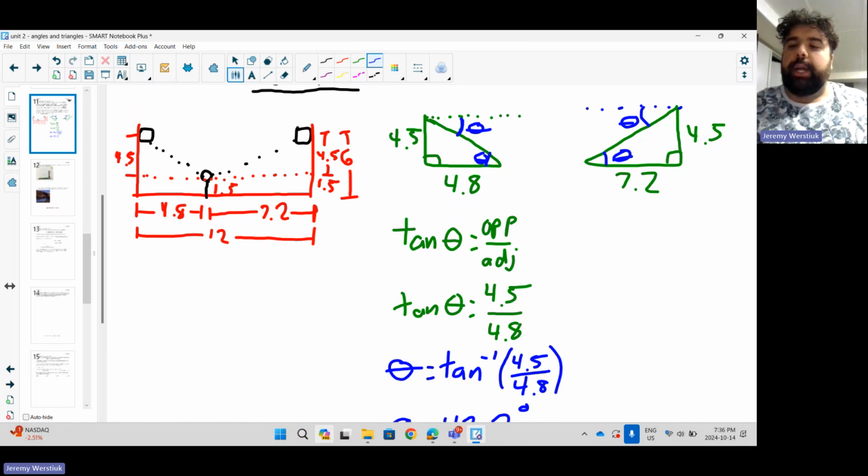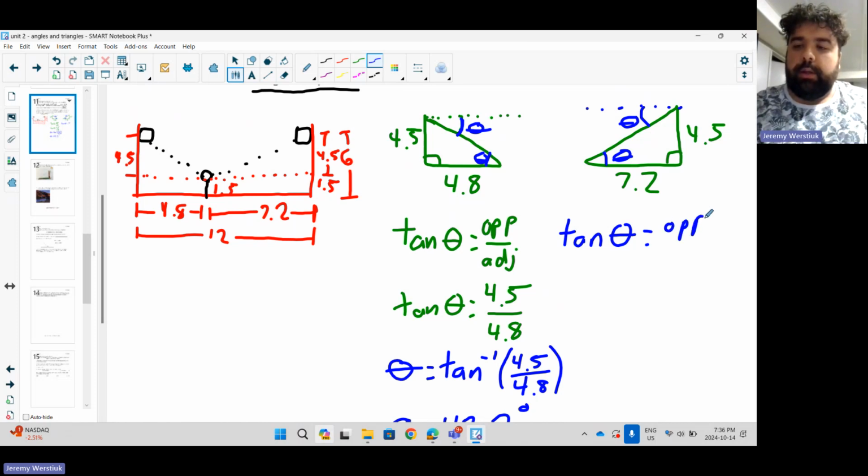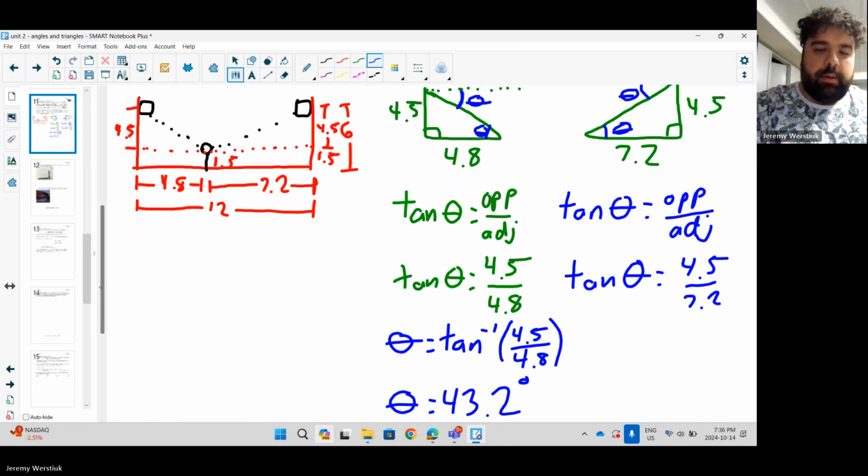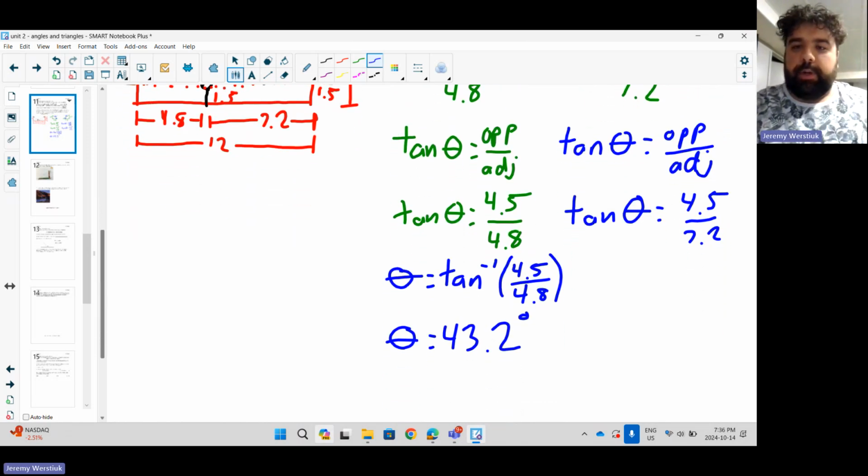So looking at this triangle here, I've got an opposite side and adjacent side. I'm still using tan. So tan of theta equals opposite over adjacent. So that means tan of theta equals, my opposite is 4.5 over 7.2. So same thing as before.